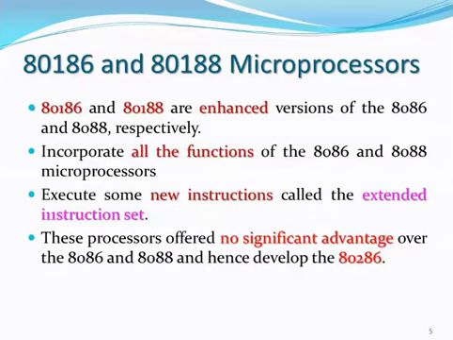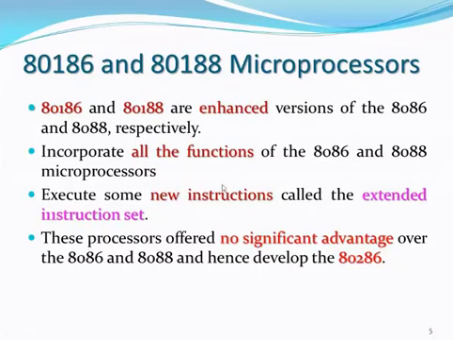Does it make sense? So they are saying that it incorporates all the functions of the 8086 and 8088 processors. So the 186 and 188 always incorporate, that means they inherit the 8086 and 88.